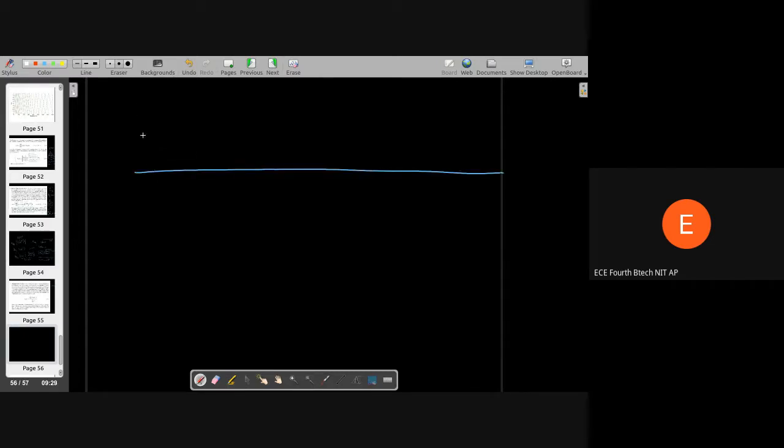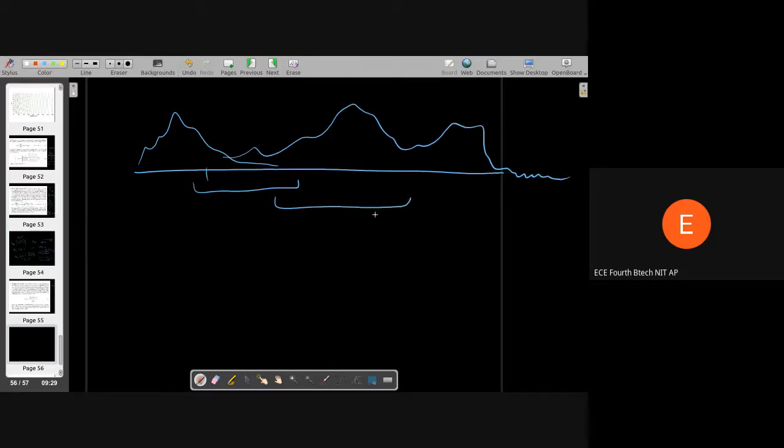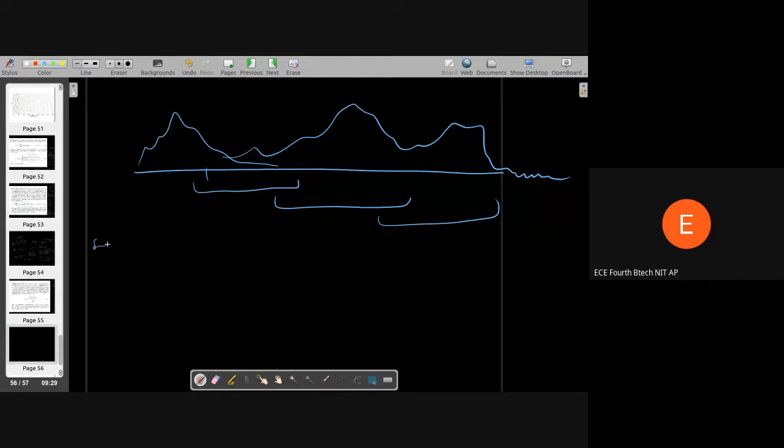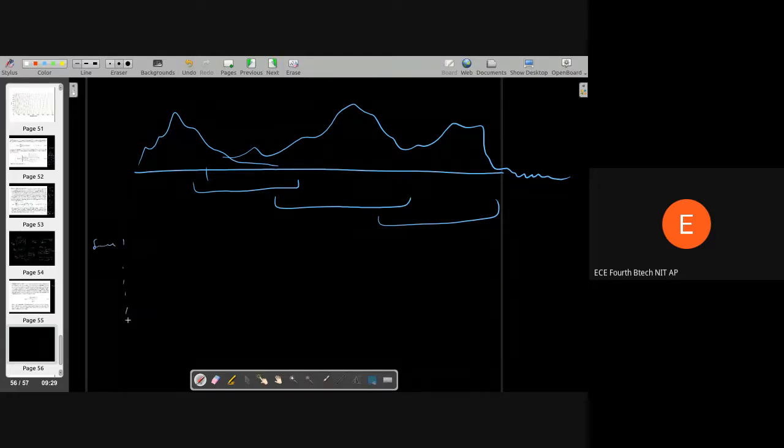For every frame, you have the speech signal, whatever it is. You do frame by frame analysis, windowing, pre-emphasis and all that, but anyhow, you will do frame by frame analysis. So let's put frame number 1 to whatever number of frames there are, up to frame n.